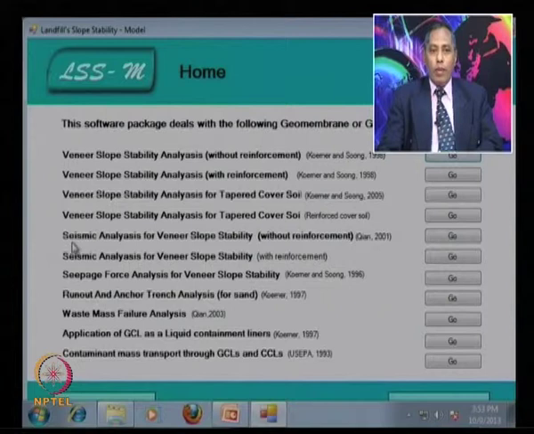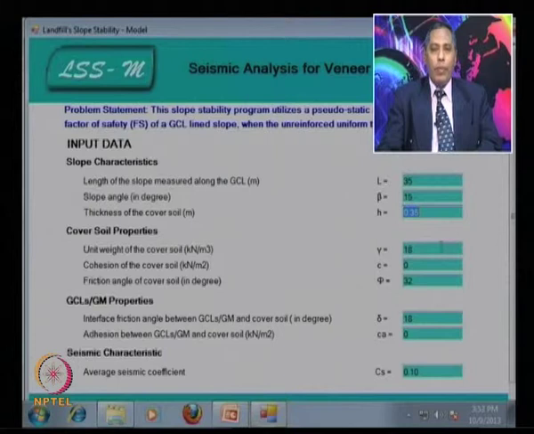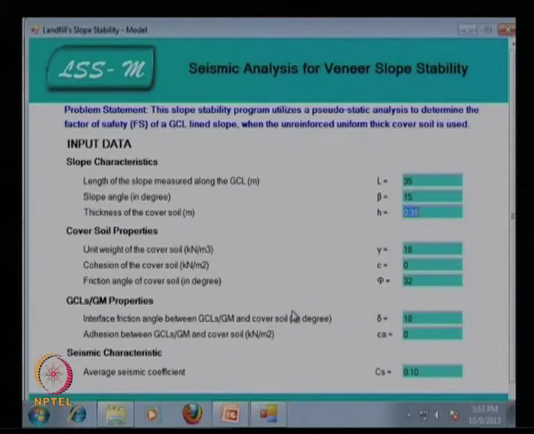So, now we will discuss seismic analysis for the beneath slope stability analysis without reinforcement, that is Queen 2001. So, this is seismic analysis for the beneath slope stability analysis.